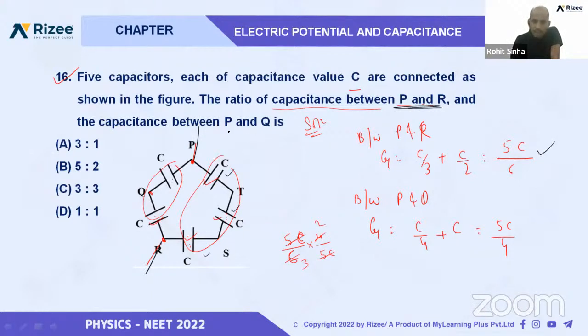Now between P and Q, all four are in series combination, so it will be C by 4 plus 1 parallel C. We will get 5C by 4. And the answer will be 5C by 6 into 4 by 5C.